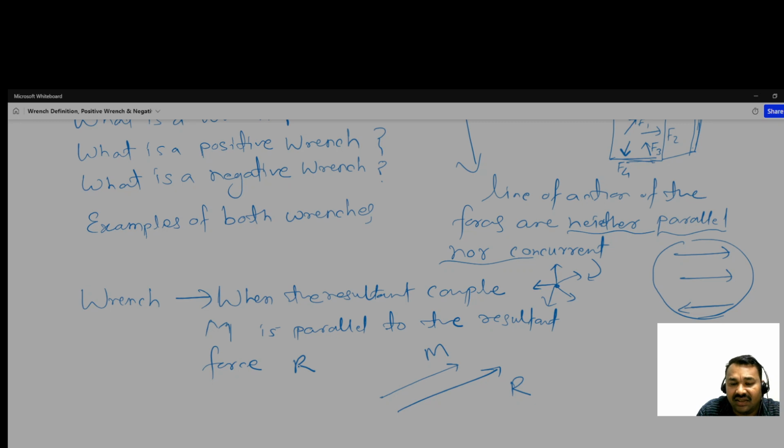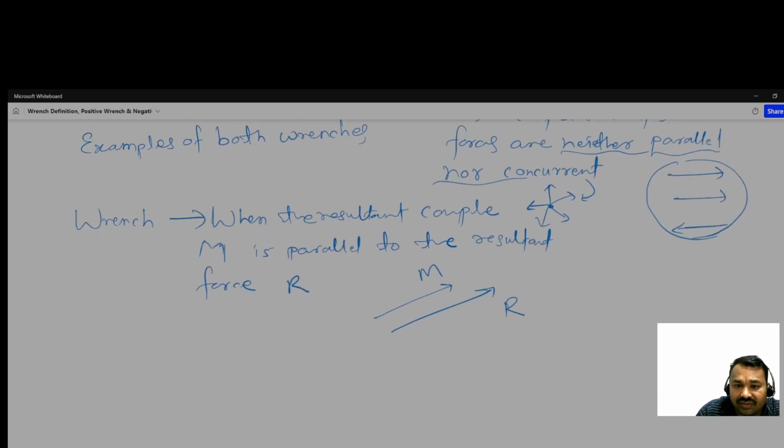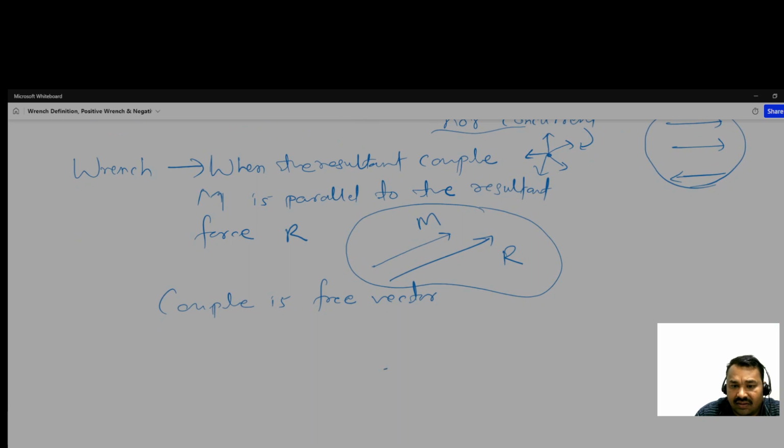The simplest equivalent, the range equivalent means, and this can be written as, because the M, the couple, is a free vector, so this can be replaced by this R and the couple vector.